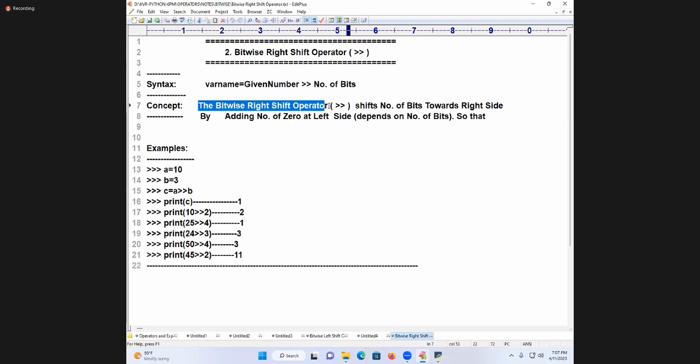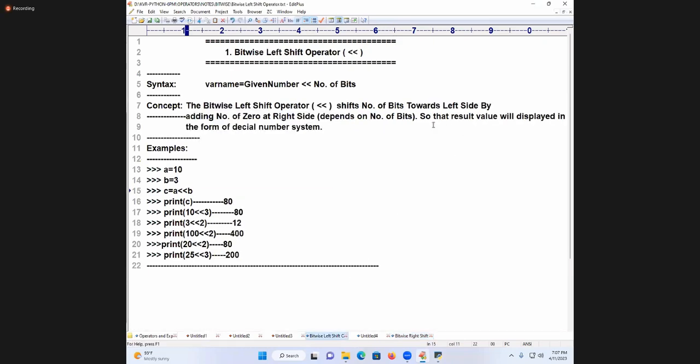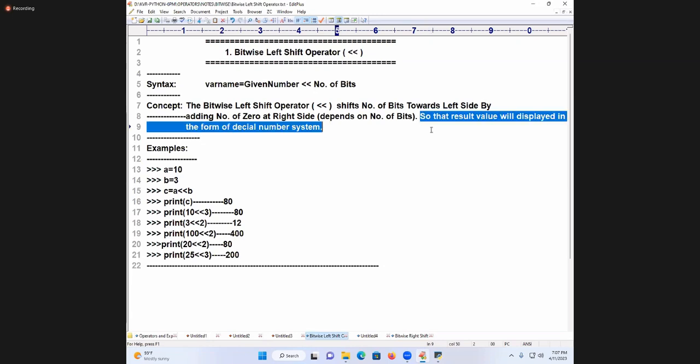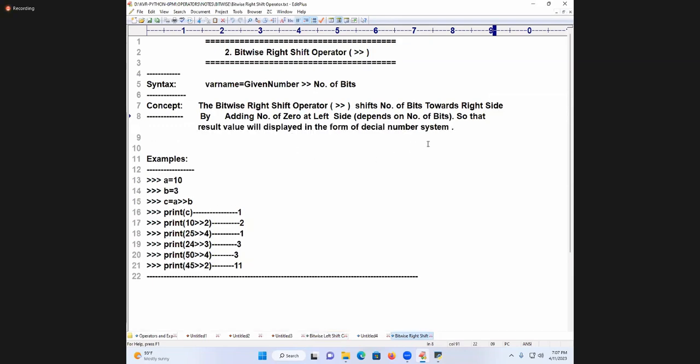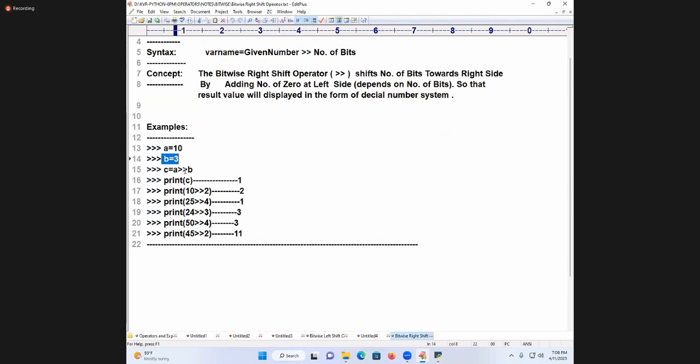The bitwise right shift operator shifts the number of bits towards the right side by adding zeros at the left side, so that the result will be displayed in the decimal number system. A is 10, B is 3, A double greater than B. The answer is 1. 10 double greater than 2, 10 by 4, the answer is 2. 25 double greater than 4, 25 by 16.